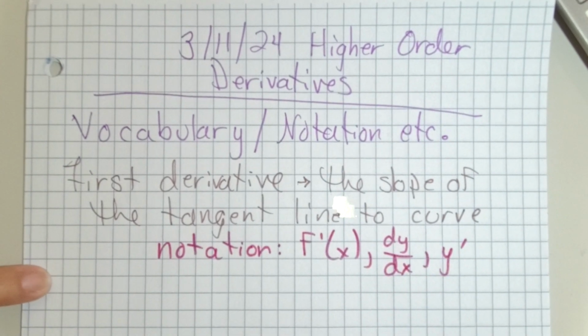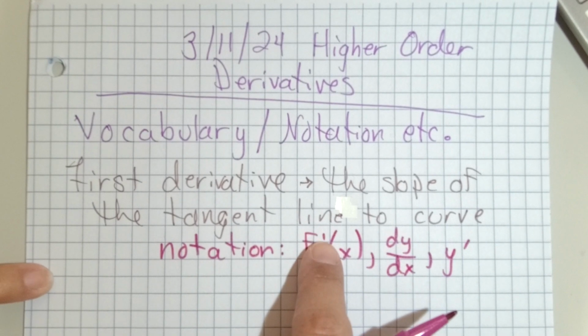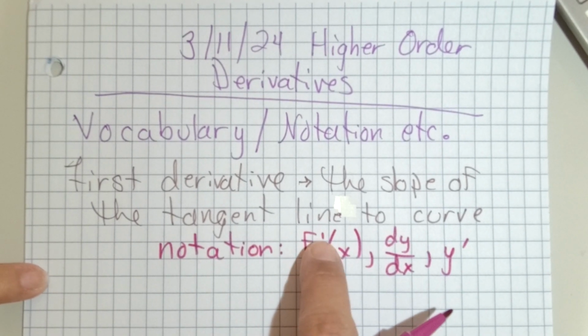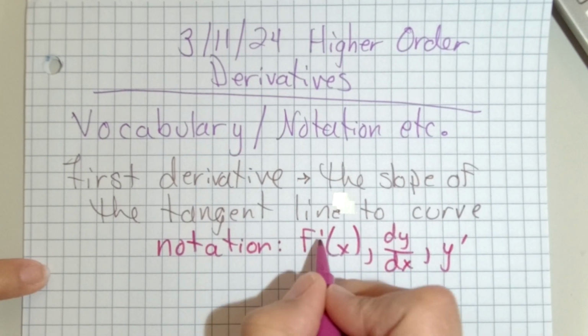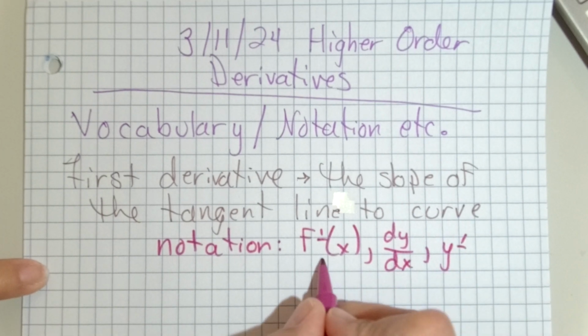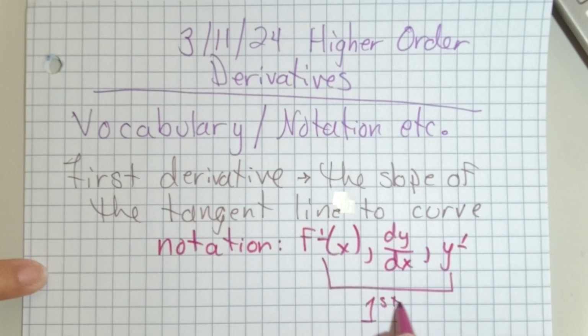So these are just examples of the notation. If you notice, we only have one apostrophe, one little dash. This denotes the first derivative. So all of these dashes will be the first derivative.